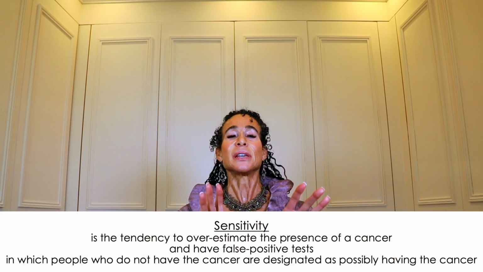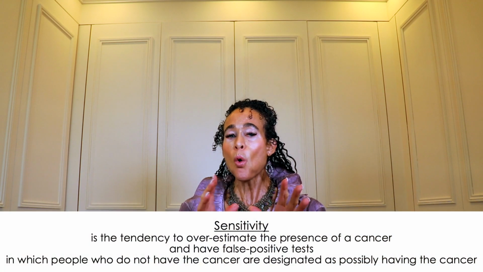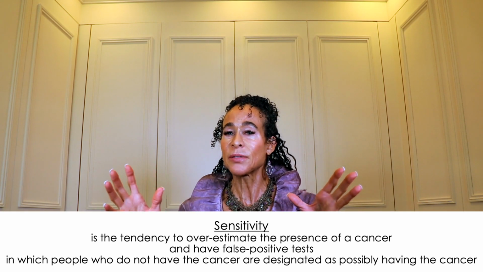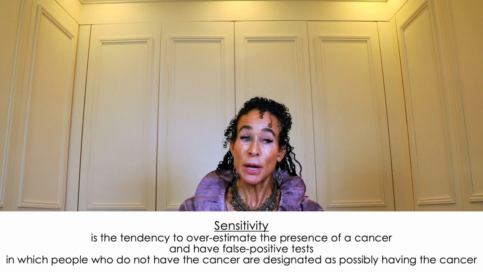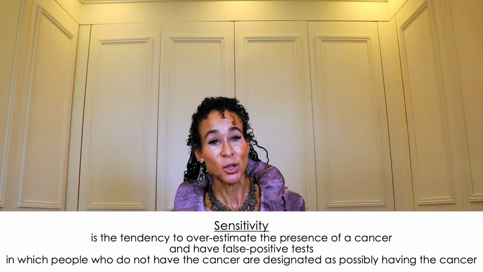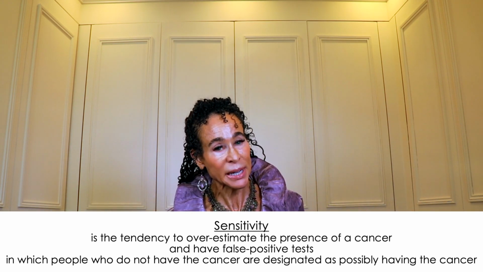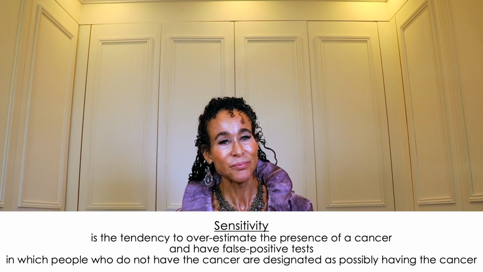So screening tests have to be sensitive. We call this sensitivity. Sensitivity is the tendency to overestimate the presence of a cancer and have false positive tests in which people who do not have the cancer are designated as possibly having the cancer.